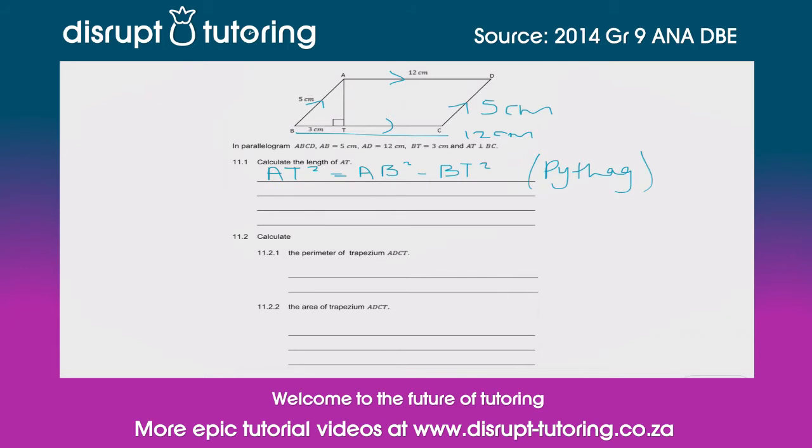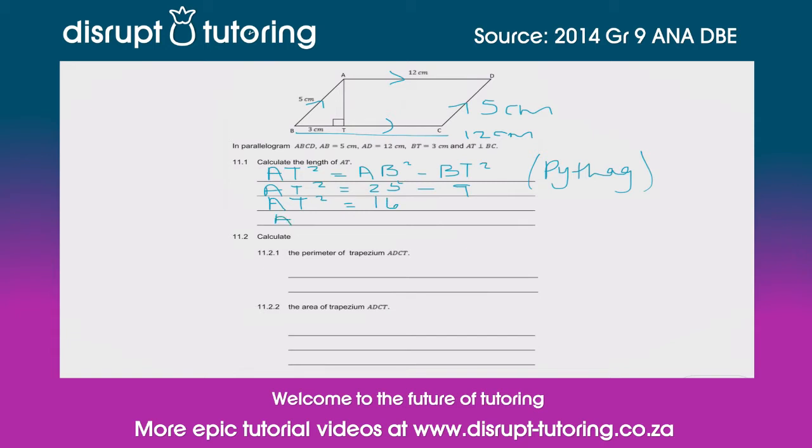Perfect. So now we can substitute in some of the values we know. AT squared is what we're looking for. AB squared is 5 squared, so I'm going to write 25 straight away. And then minus BT squared, which is 3 squared, so 9, and I'm going to write 9 straight away. So AT squared is going to equal 16, since 25 minus 9 is 16.